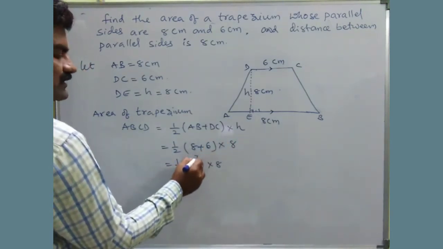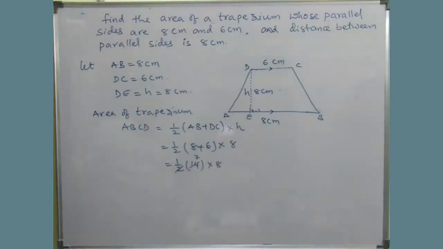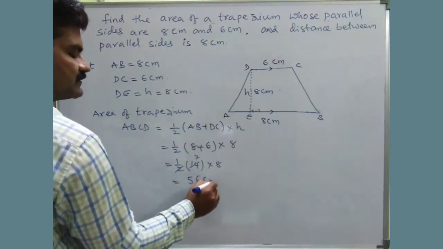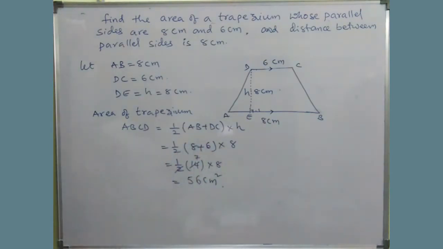So 2 in 14, 7 times. 7 into 8, 56. So therefore, area of trapezium ABCD is equals to 56 square centimeters.